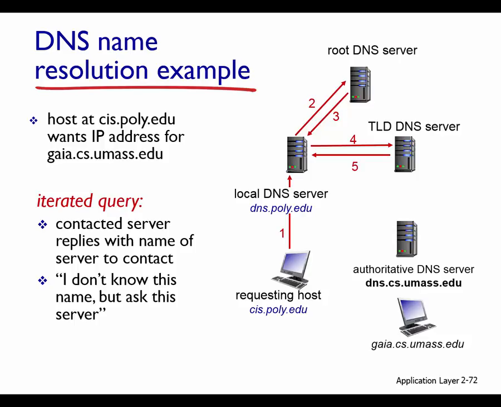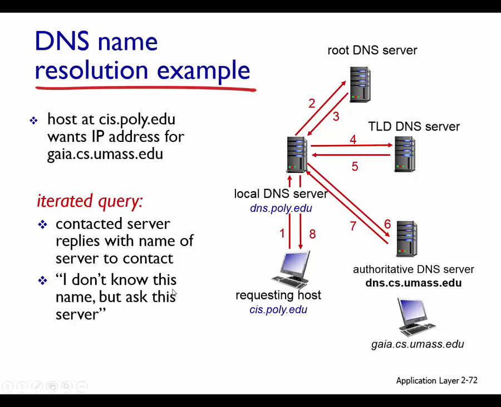It gets that information, then it has to go to the authoritative domain name server, which is the domain name server at dns.cs.umass.edu. And then finally we have all the information, and we can get the IP address from the host.